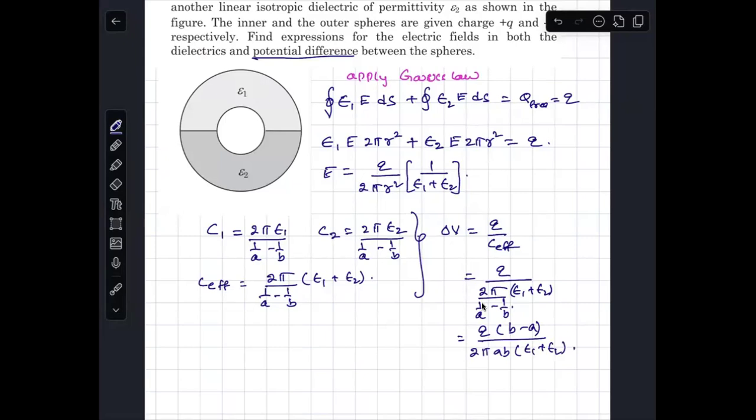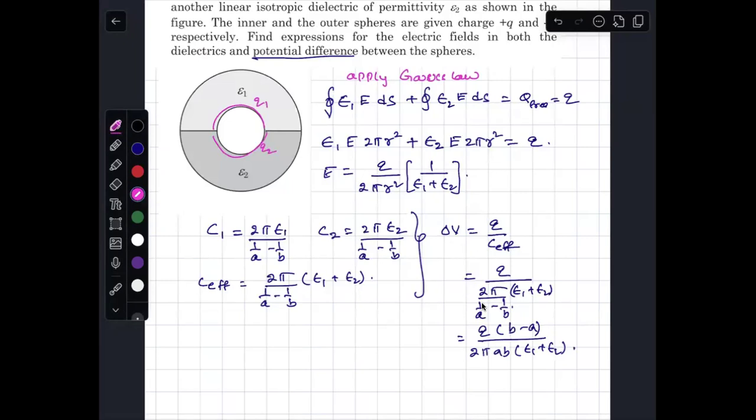Not only that, I can give you the charges distributed also. Like for example, if the distribution of charge in the upper part is Q1, and in the lower half is Q2, that also I can give.